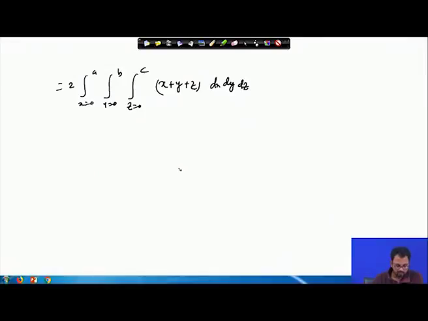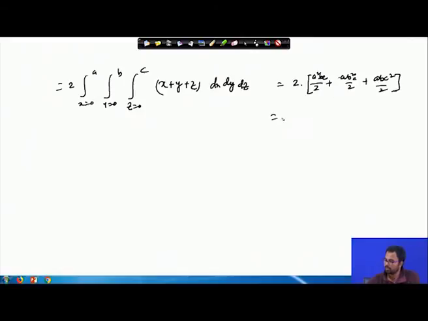And then we integrate first with respect to x, then with respect to y and then with respect to z. So, it is a fairly easy thing to do, and therefore, this will ultimately give you 2 times (a square b by 2, a b square by 2 plus we will obtain, basically, a b square c and then a b c square by 2).